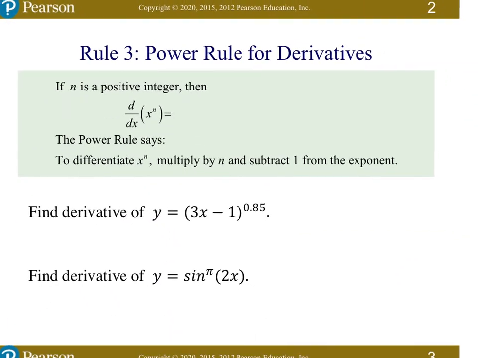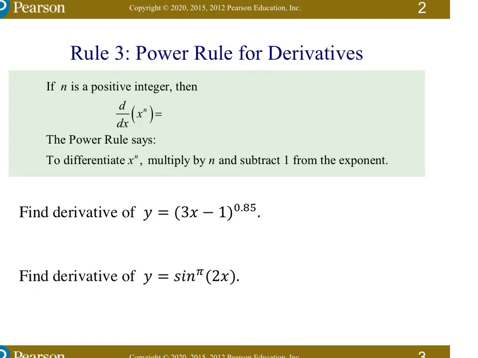So here is a review, excuse me, of the power rule. All right, so we learned that if you have x to the n, that n gets moved down in front, and then your power gets decreased. So this is the power rule. You multiply by n and subtract 1 from the exponent.